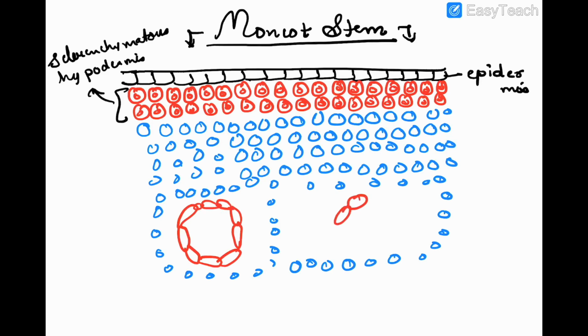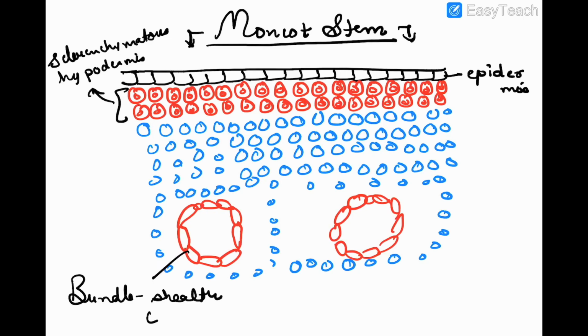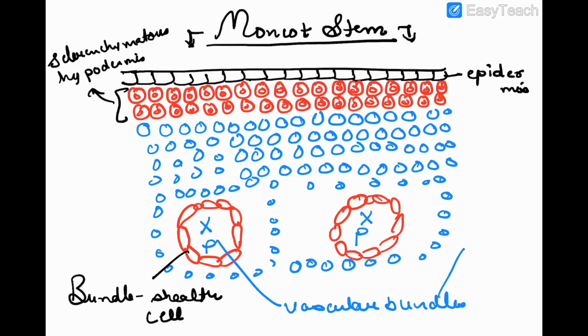These are the bundle sheath cells which surround the xylem and phloem. So bundle sheath cells are surrounding the scattered vascular bundles, and these vascular bundles are scattered inside the cortex.